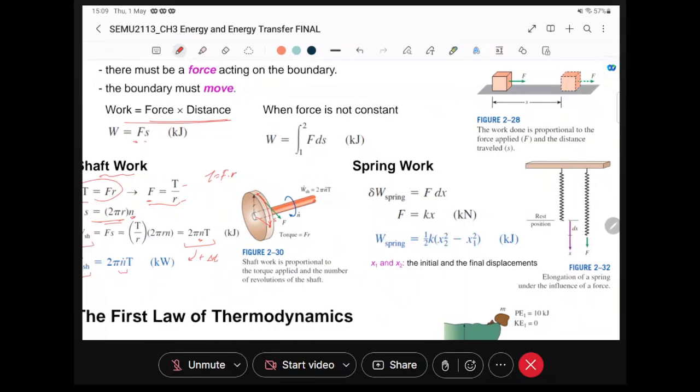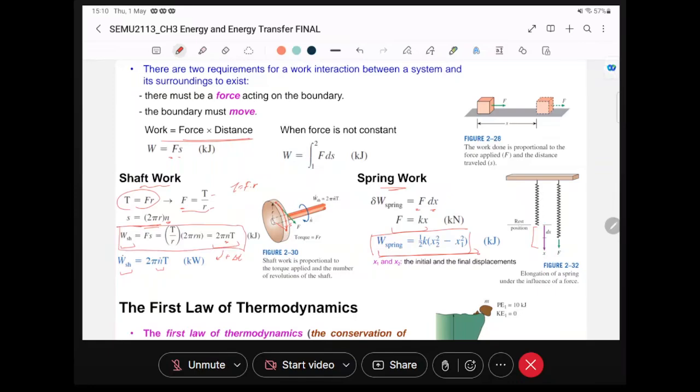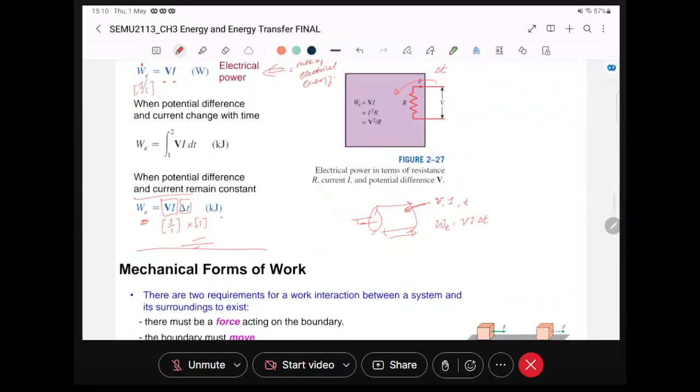Other than the shaft work, there's also spring work as well. Like a spring, it goes to a different length. So this is more straightforward, force times the distance only. And in the spring, F equals Kx, so then the spring work is basically this. So it's just a different equation to define different forms of work.